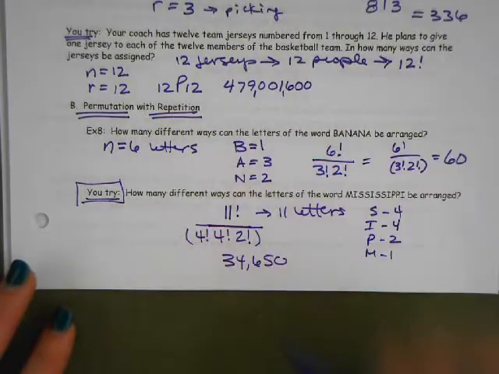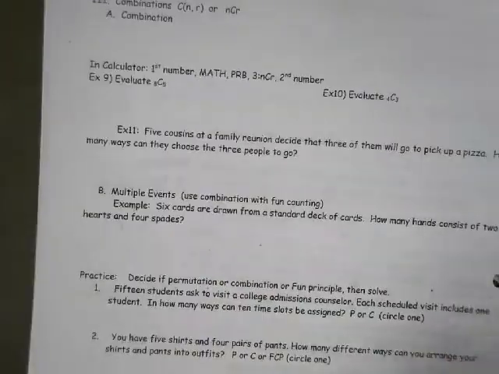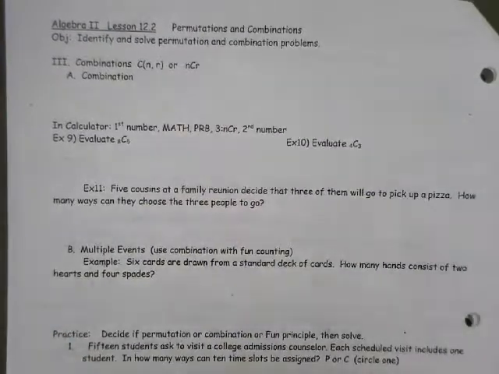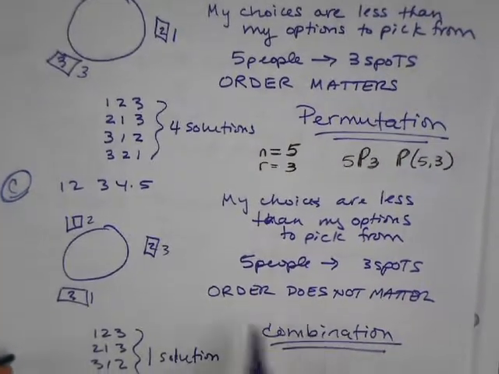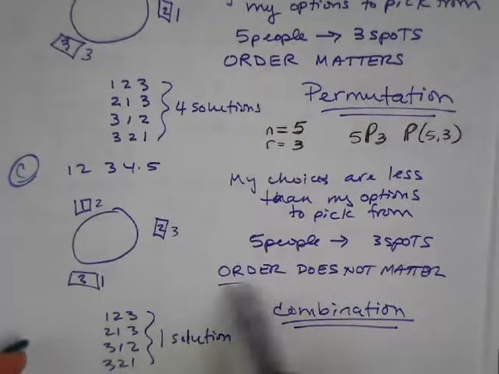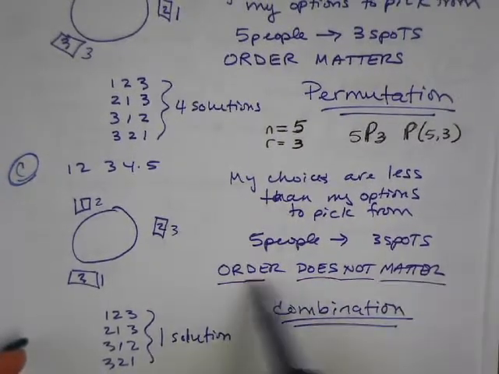Alright, so this is permutations, you guys. Alright, flip. We'll talk about combination. So in combination, you guys, we talked about how order does not matter. Order does not matter.